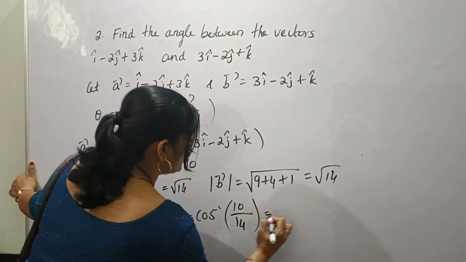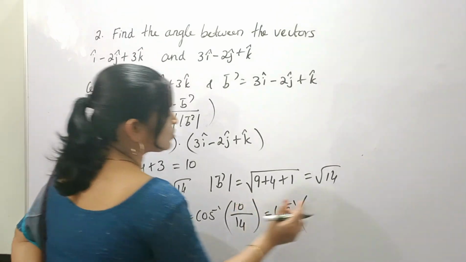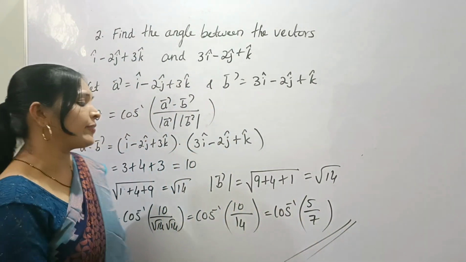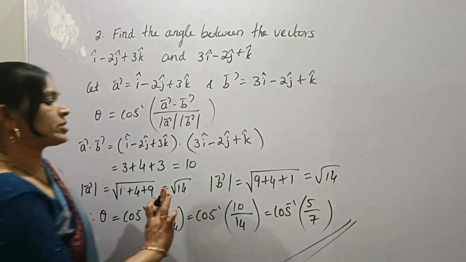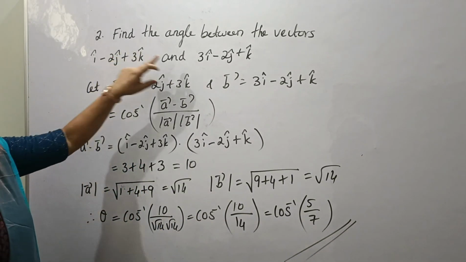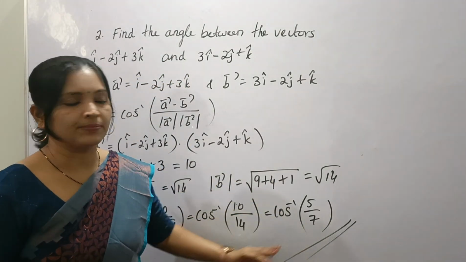Reduce it: 2 5s are 10, 2 7s are 14, so 5 by 7. It's not a standard angle, therefore you write cos inverse of 5 by 7 itself. So the angle between the given vectors is cos inverse of 5 by 7.